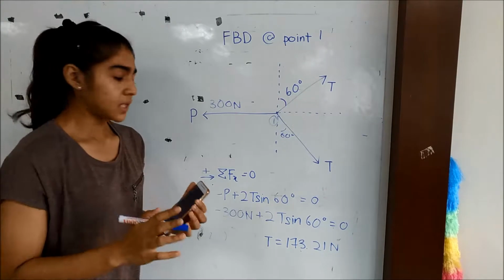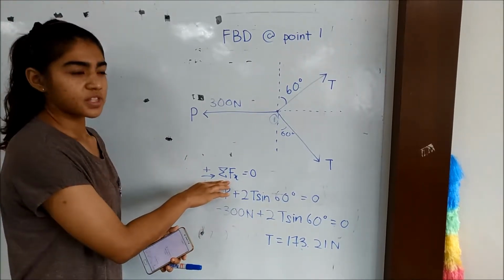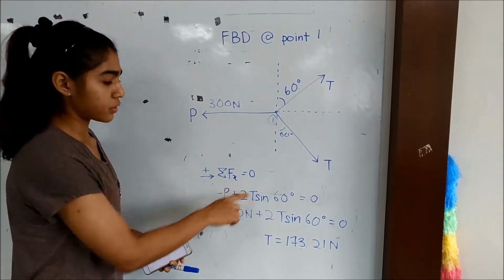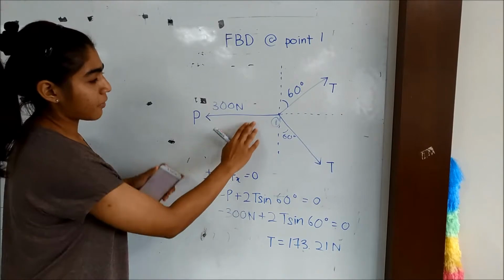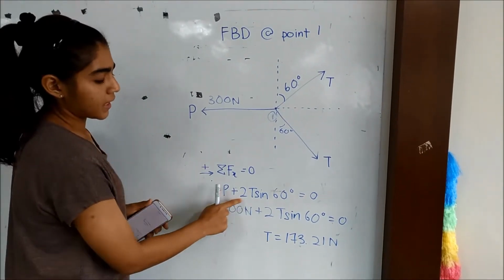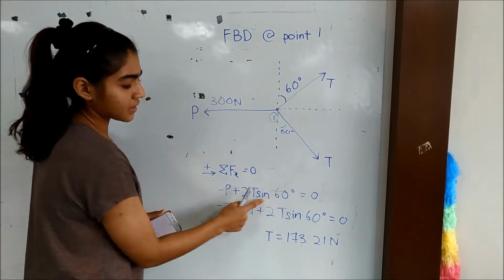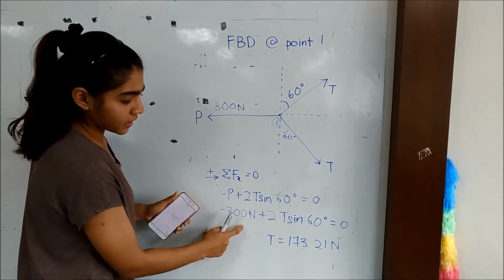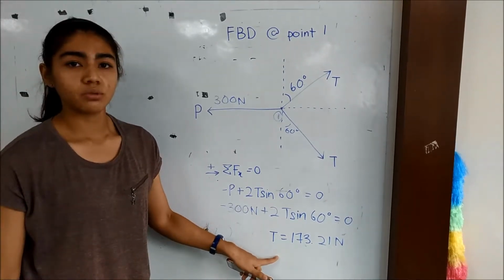So from this FBD, we can deduce that the summation of x components equals 0, so you have P as negative, and you have two tensions, and you substitute the values, and you get tension as 173.21 newtons.